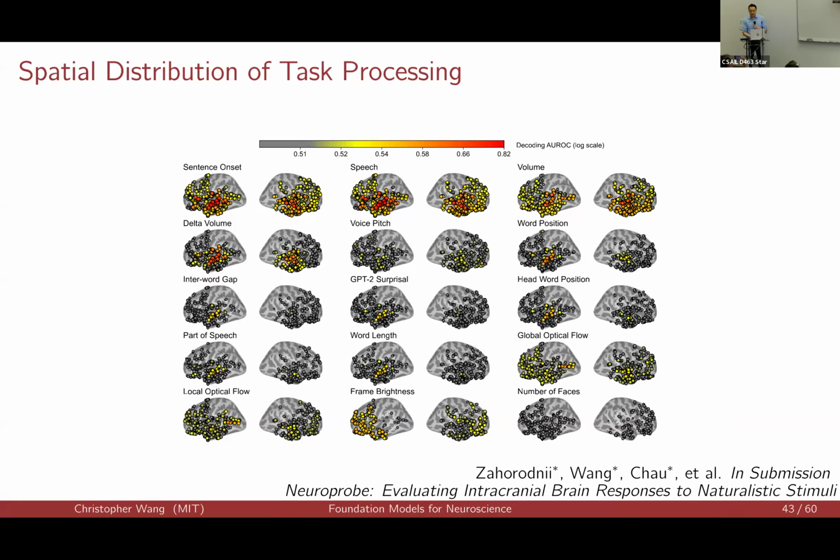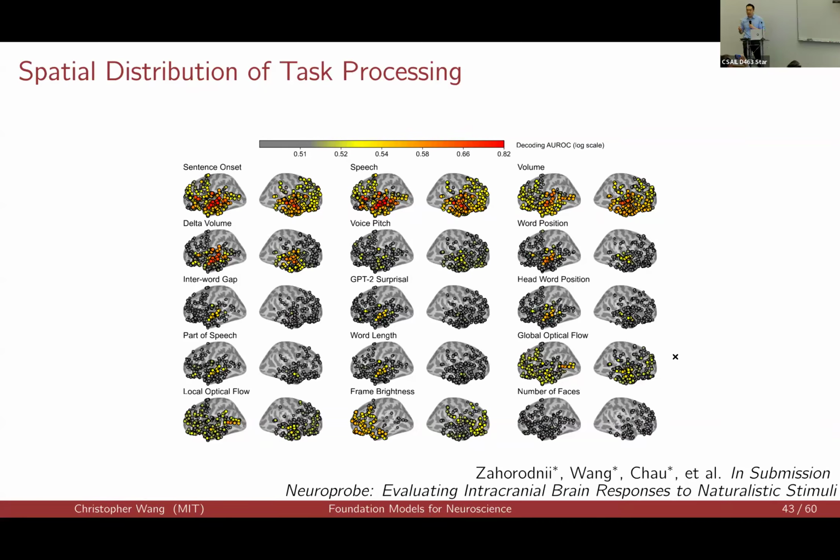So you can immediately see things like maybe audio tasks like volume and pitch are most decodable closer to audio regions in superior temporal gyrus, temporal lobe, and more linguistic tasks like speech and sentence onset are more decodable in a wider footprint that includes those audio areas and some of the frontal lobe as well.